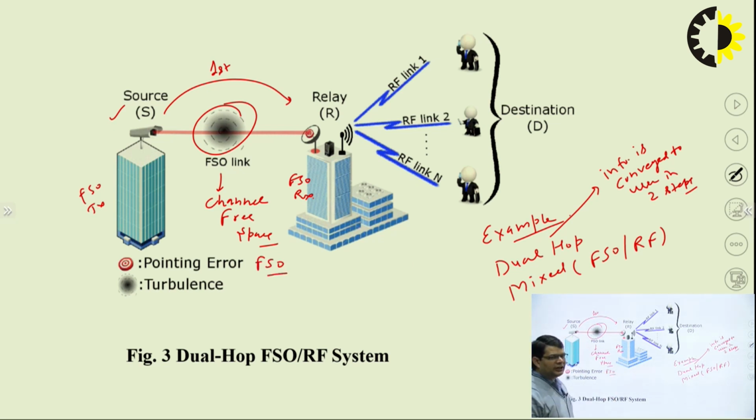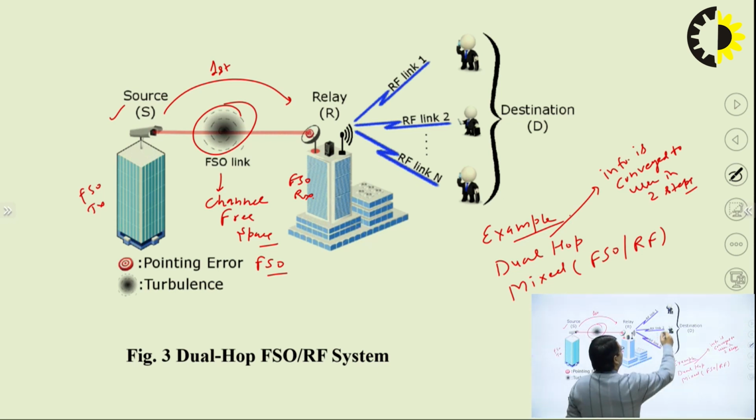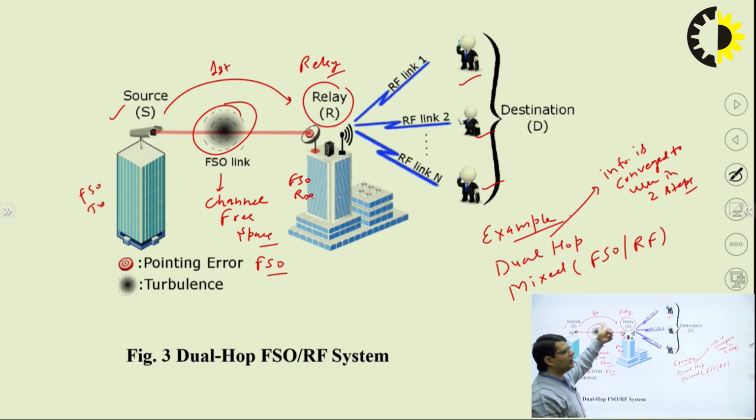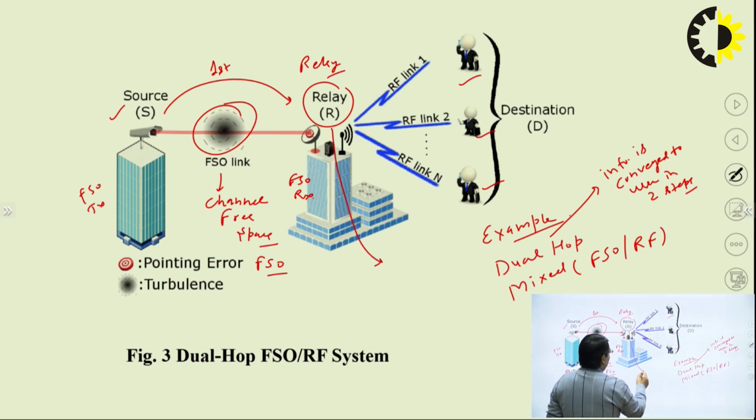Now to increase the range or to provide the signal to the end users, we have used this in between point. This in between node is known as the relay node. So from the source to the relay node we have the FSO system, and after that we have obtained the signal with large bandwidth.